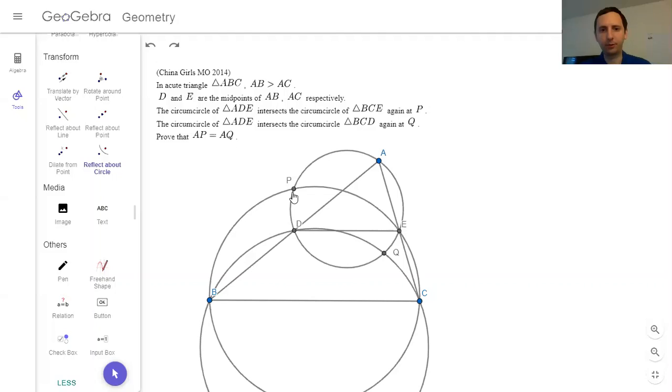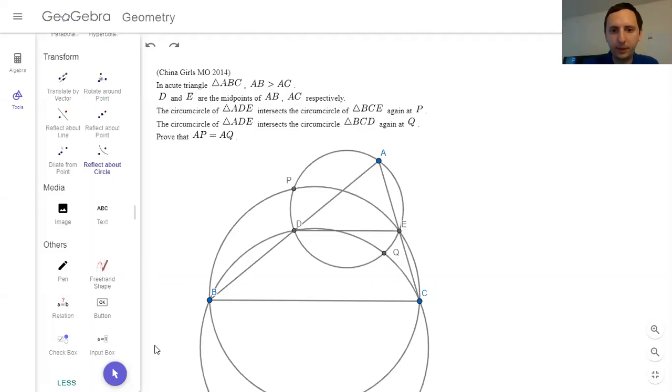So I guess we could also show that angle P... Oh, I think this has to be simpler. We could try to show angle PEA is equal to angle QDA. I think that might solve it really quickly. So angle PEA is equal to angle PBA, and angle QDA is equal to QCB.